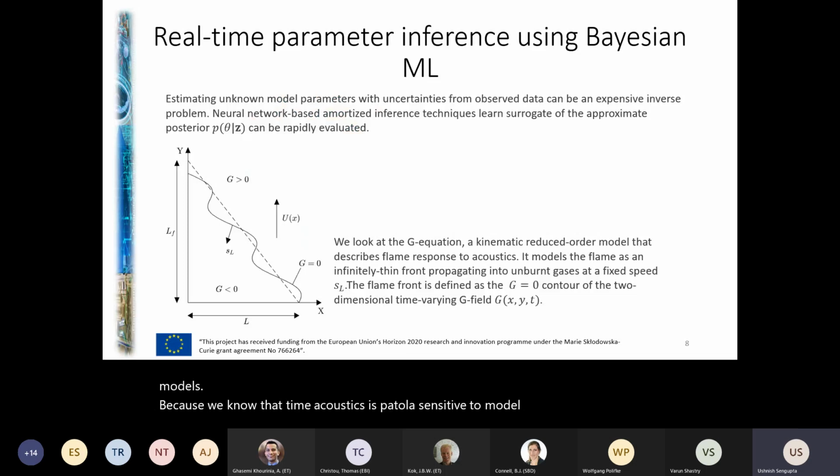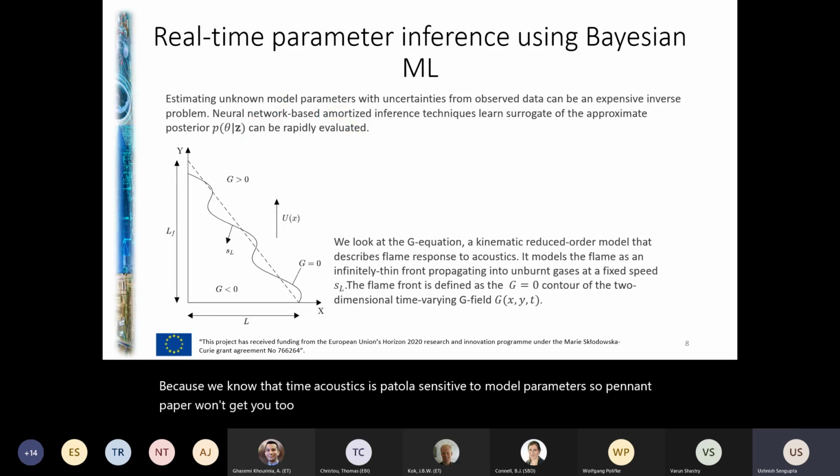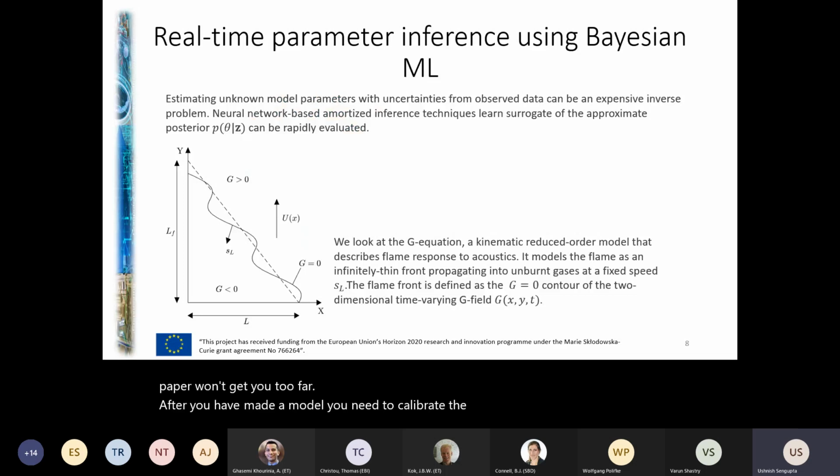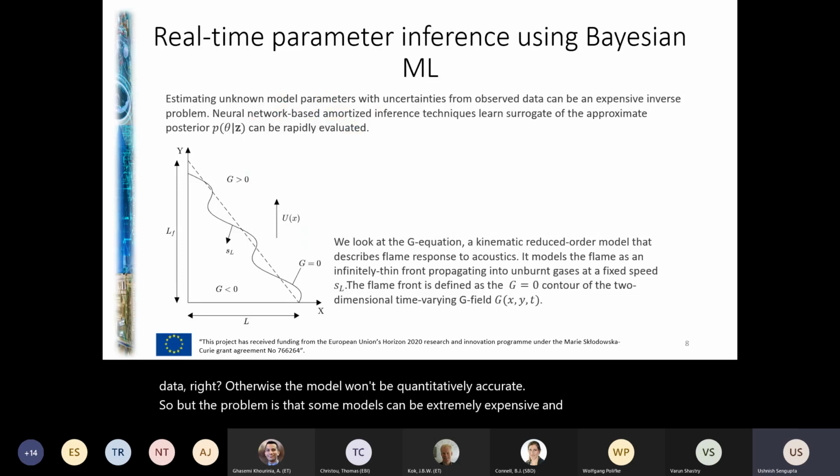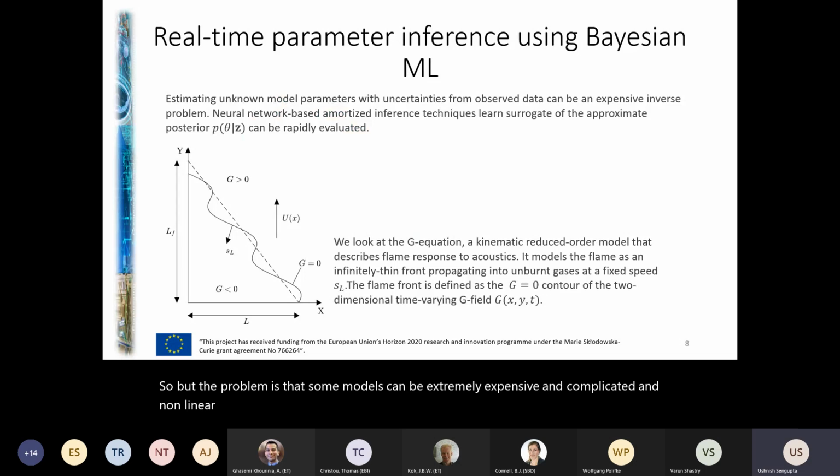So pen and paper won't get you too far. After you have made a model, you need to calibrate the parameters of that model with real data, right? Otherwise, the model won't be quantitatively accurate. But the problem is that some models can be extremely expensive and complicated and nonlinear, which means that this calibration can be pretty hard and pretty expensive.